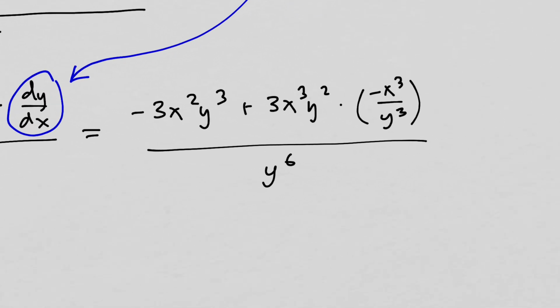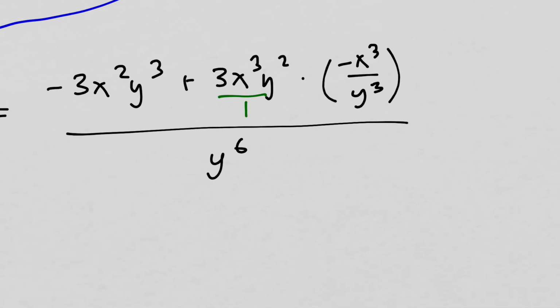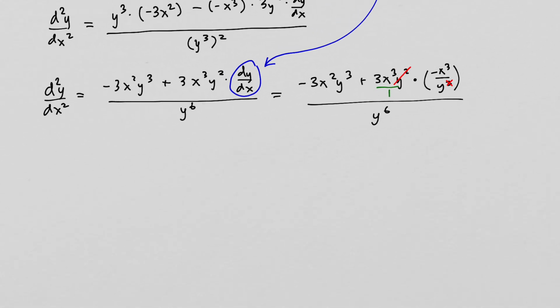So now it just becomes an issue of simplifying. And this is where you have to be careful when you have little fractions inside of your big fraction. So let's put a 1 under here. And let's remember that when you multiply fractions like we're doing right here, we can cross cancel. So this y squared is going to cancel out 2 of those y's.